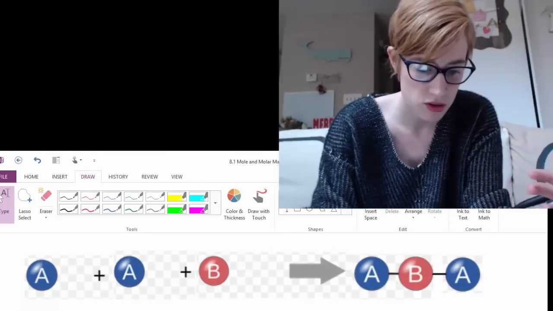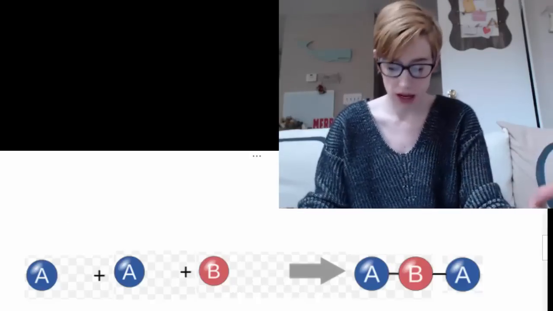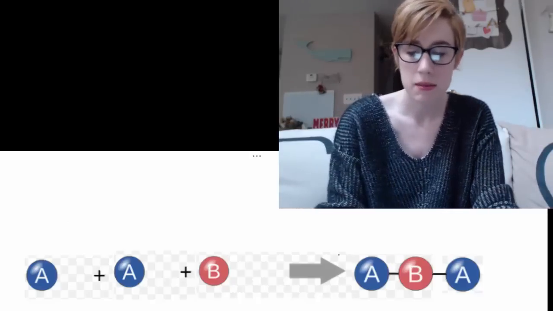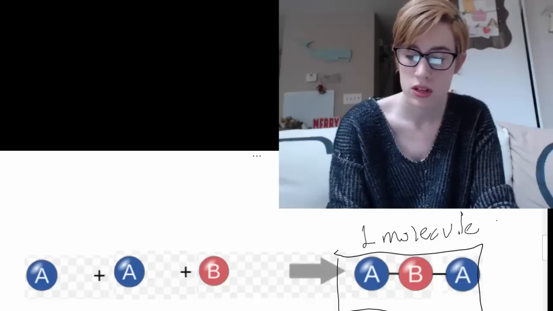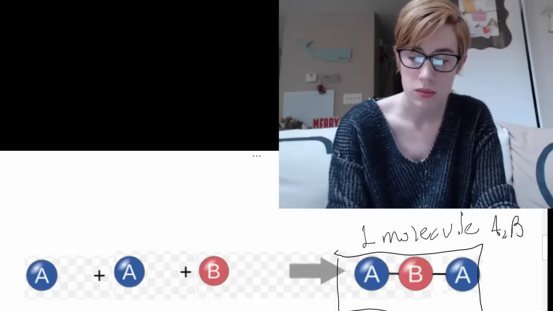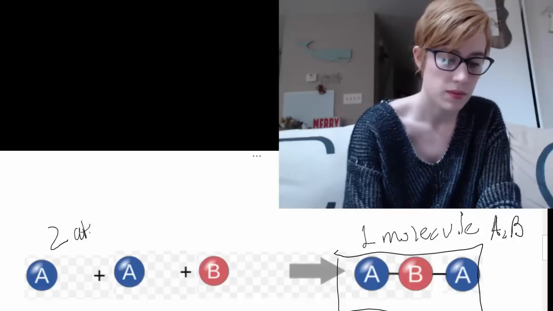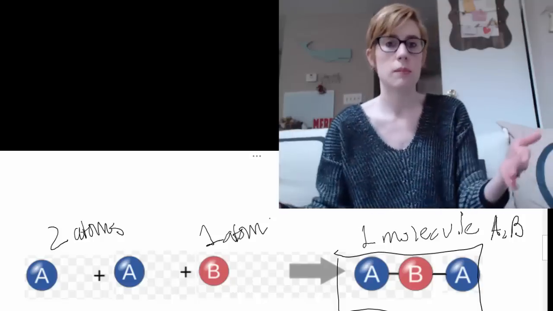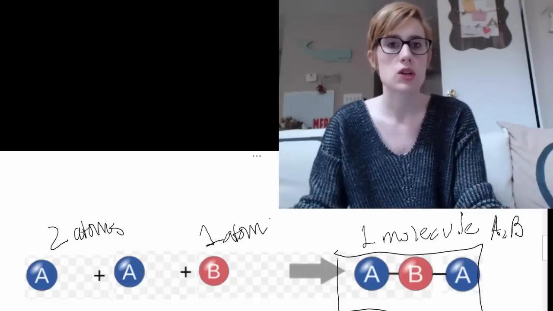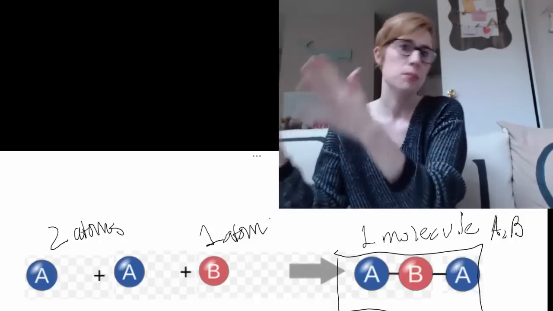There's element A and element B, and two atoms of element A will combine with one atom of element B to make your product, which is one molecule of A2B. So we have two atoms of A, one atom of B, and it forms this compound. That's essentially what our chemical equations look like. We look at how many atoms are needed to form a product.